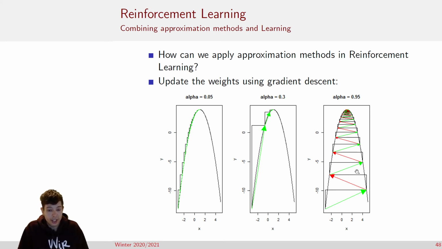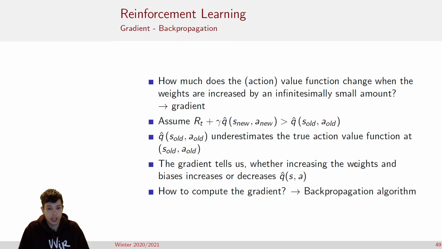Now, that being said, that we want to use gradient descent, we only need to compute the gradient. And to do this, first let's briefly talk about how to use gradient descent in reinforcement learning. I already said that the gradient tells us how much the function increases or decreases if we increase our weights by a small, infinitesimal amount.